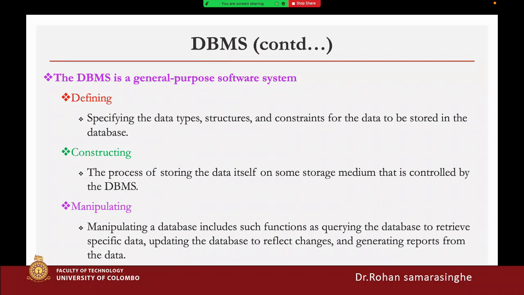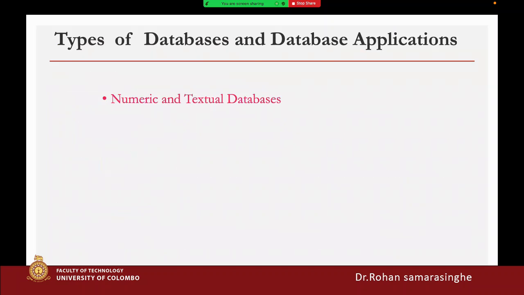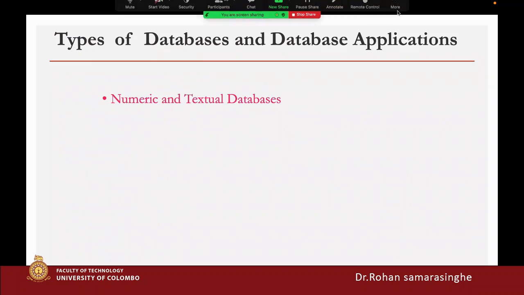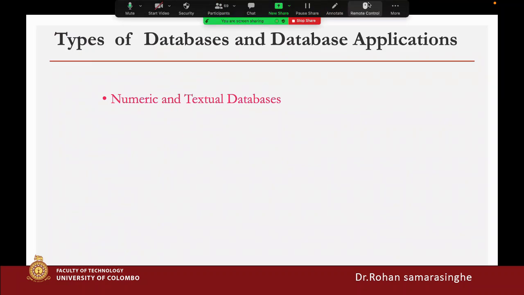Likewise, you can easily manipulate the data if the data is stored in relational tables. And also, when you consider the type of the data, we can find numeric and textual data.